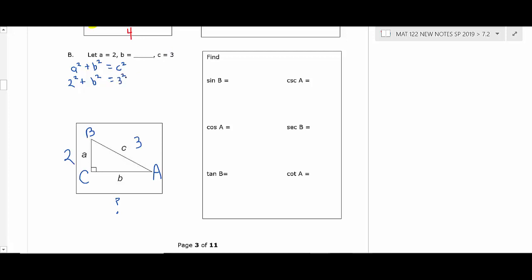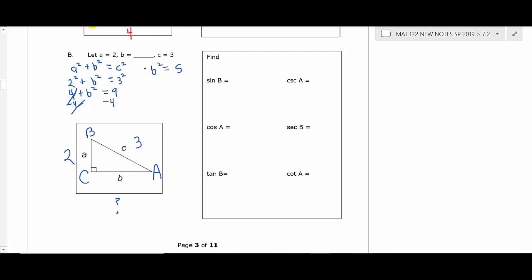So just plug into the Pythagorean Theorem. That's going to give 4 plus b squared equals 9. Then you want to move the 4 over, so you can do this in your head. You're just subtracting 4 from both sides of the equation. And then that would cancel, giving you b squared equals 5.